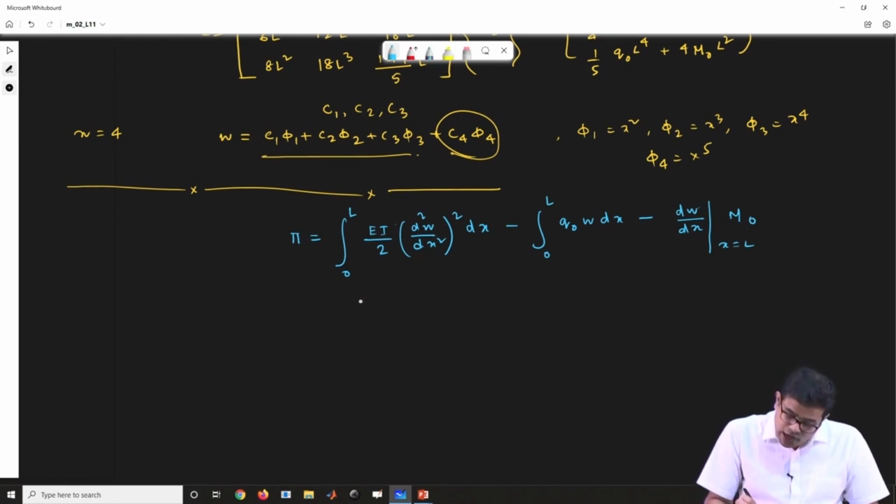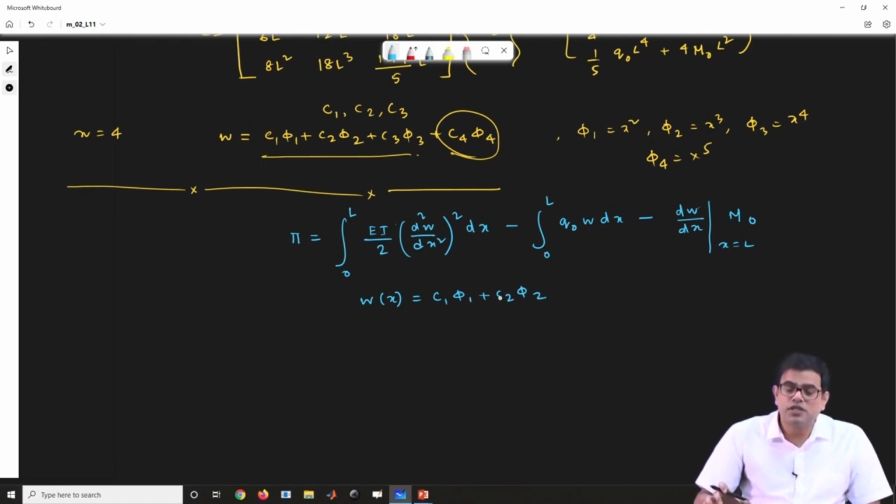Here I can also choose my W of x as C1 phi 1 plus C2 phi 2 and so on. The same approximation I can substitute in the potential energy function, and then I can minimize the potential energy with respect to these Ritz coefficients.